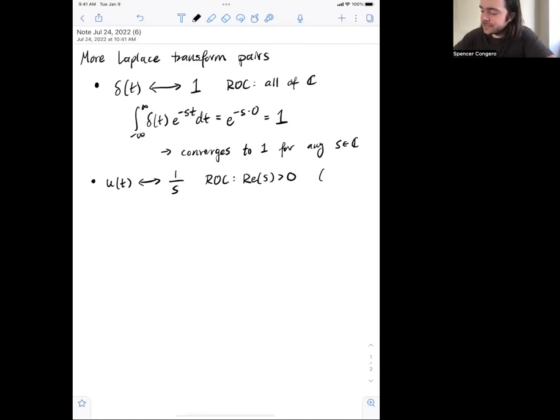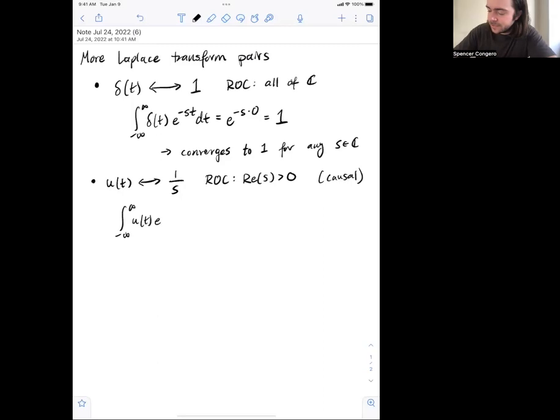And this one, of course, I'll just write it here already, is the causal one. Okay, or right-sided, because the unit step function is a right-sided function, right? It's 0 over here and non-zero to the right. So it's a right-sided function. So this is going to be the causal one of this pair, and we'll see what the anti-causal version is right after this.